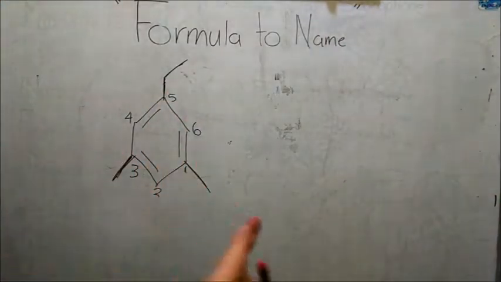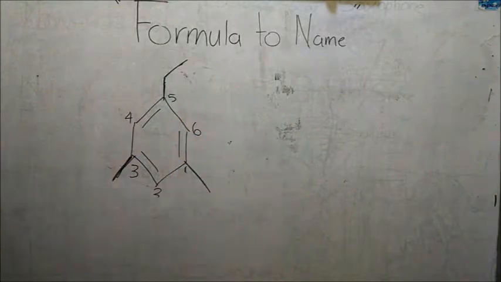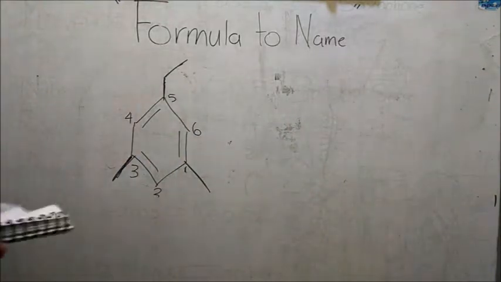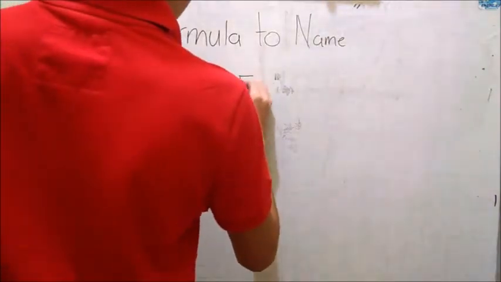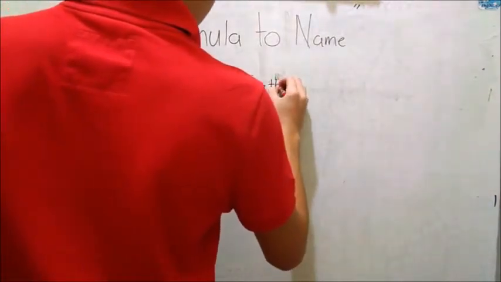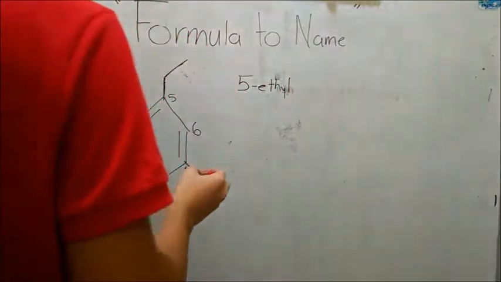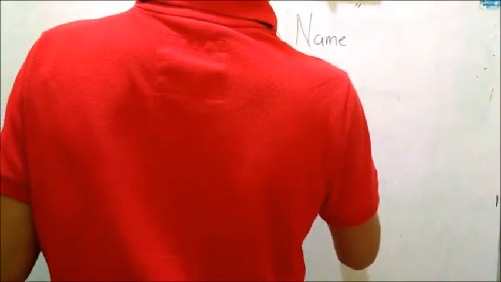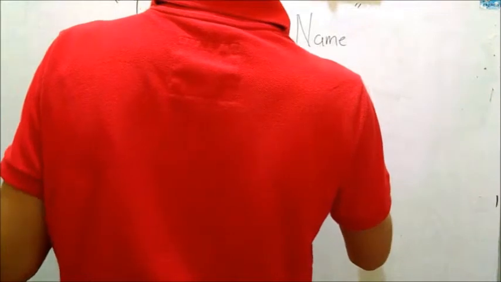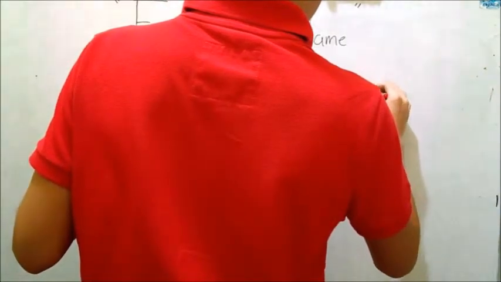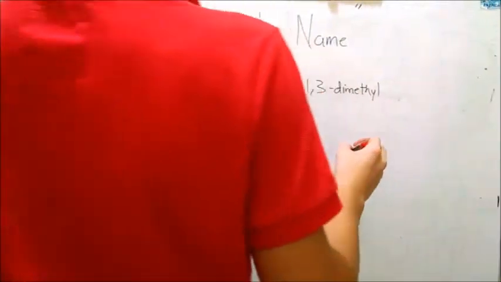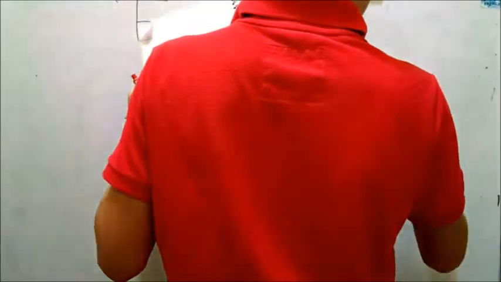So when we already have the numbers, we are going to put the name of it. So in this case we are going to put 5-ethyl, 1,3-dimethyl, benzene.